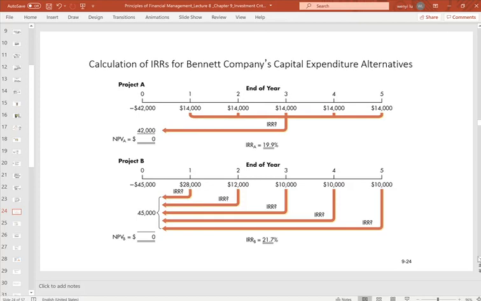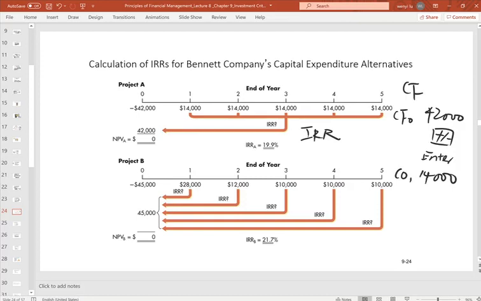You will use the IRR function in Excel. For example, in the financial calculator, you first press the CF key. Then you enter CF0 equal to minus 42,000, enter. Then C01 equal to 14,000, and F01 equal to 5, enter, enter.